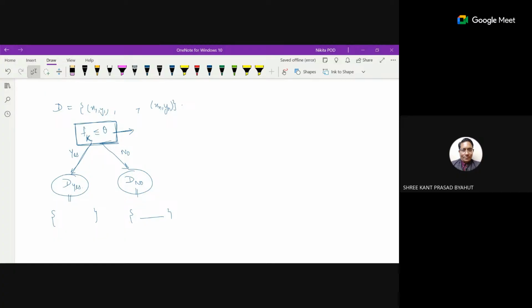Suppose the condition is if less than or equal to theta, and the variable of the function in the range 0 to 1 is different, 1 to infinity is different, -1 to 0 is different. Then the function will be different.